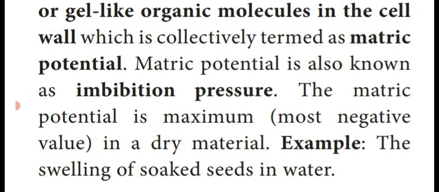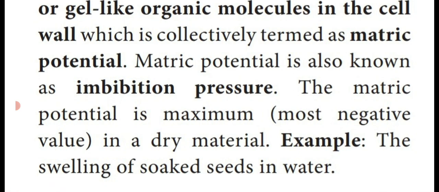Example, the swelling of soaked seeds in water. Dry material means, for example, chickpea. If you soak it, what will happen? It swells up due to the imbibition process. So the matric potential is maximum in a dry material. This is matric potential.